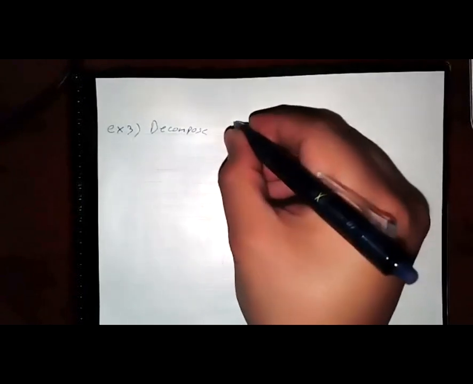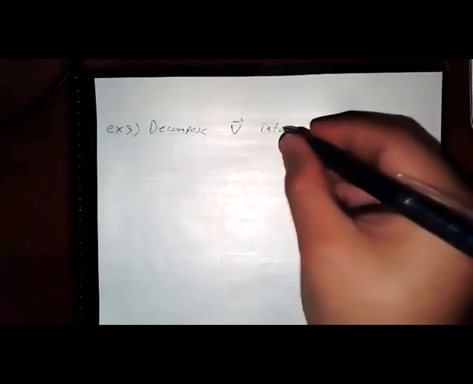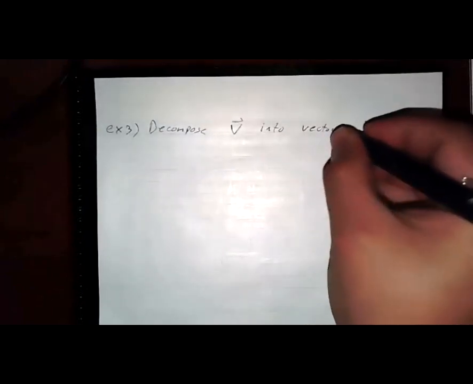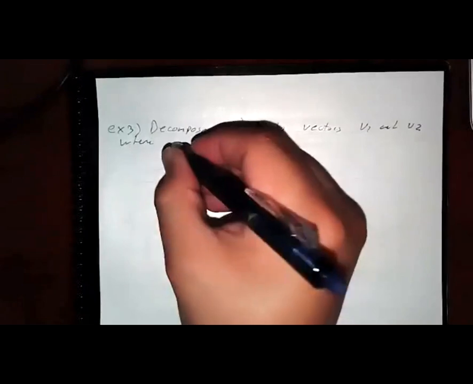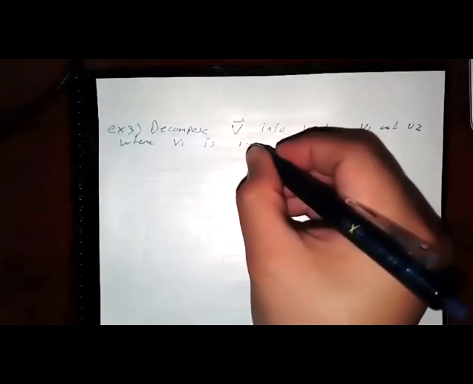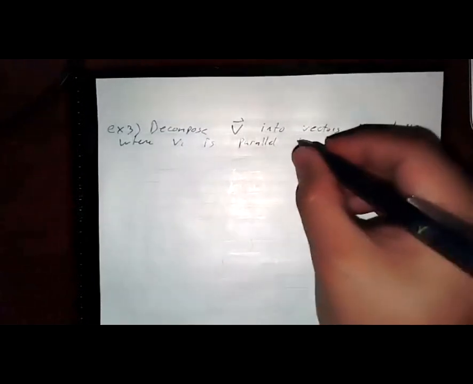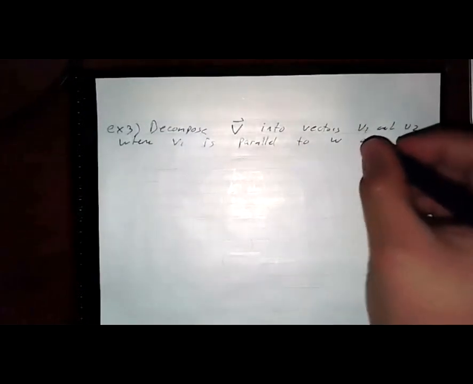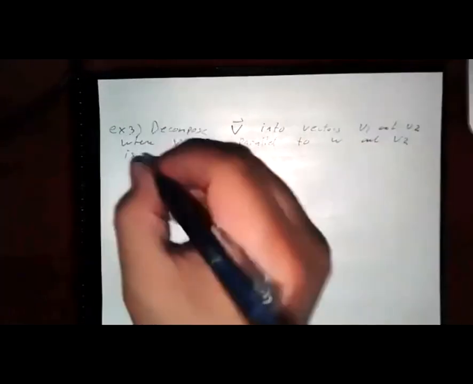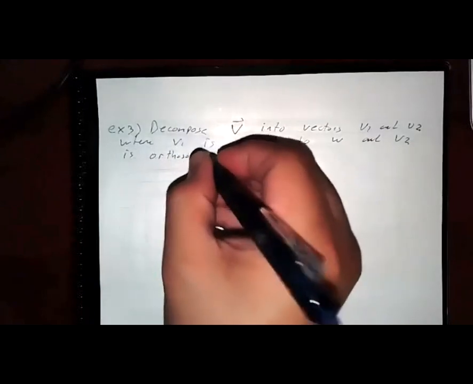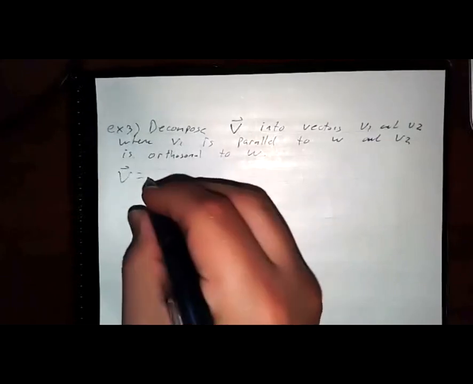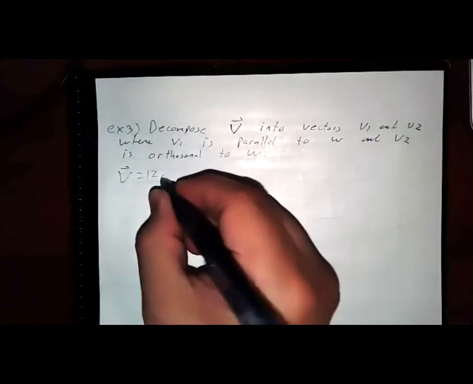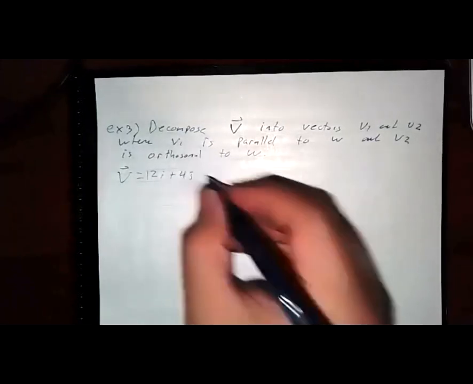So decompose V into vectors V1 and V2, where V1 is parallel to W and V2 is orthogonal to W. So here's the V. Here's the W.